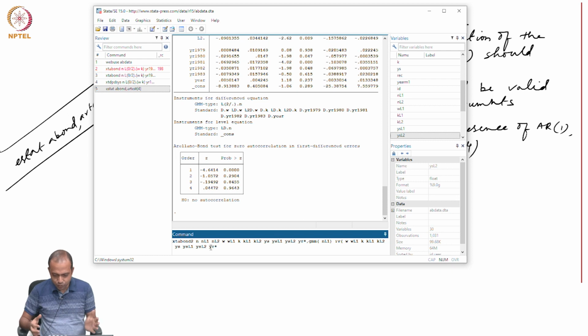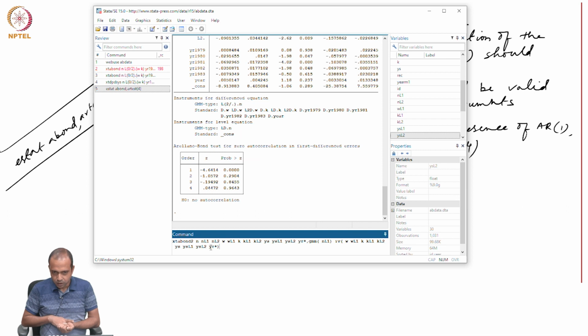So, these are all my standard instruments. So, that means basically I am specifying which is my endogenous variable and what are the variables which are predetermined, which may include lag dependent and exogenous variables.